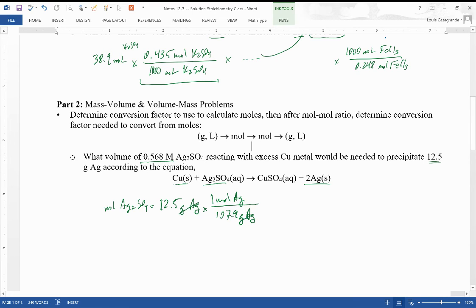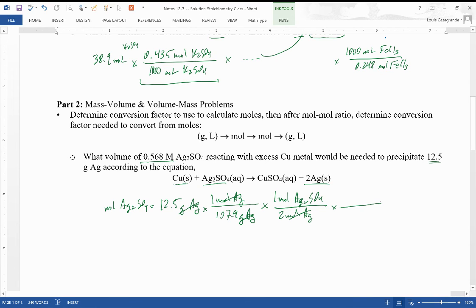So the mass of the silver cancels out. Mole to mole ratio, now I have 1 mole of my silver sulfate over 2 moles of the silver. Moles of the silver cancel out. And now I want the milliliters.